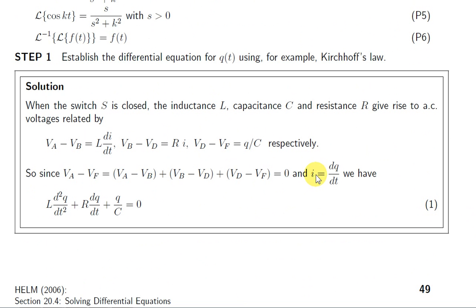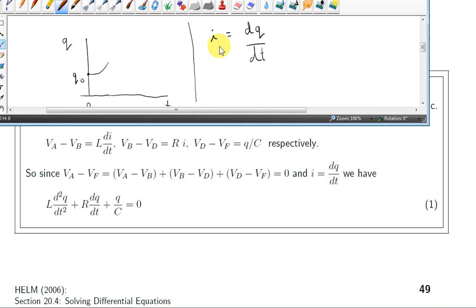Now, current is defined to be the amount of charge passing a point in the circuit in unit time, or dq dt. So using this we can get di dt. So we differentiate with respect to time. We differentiate dq dt with respect to time, and that's the second derivative of q with respect to time.